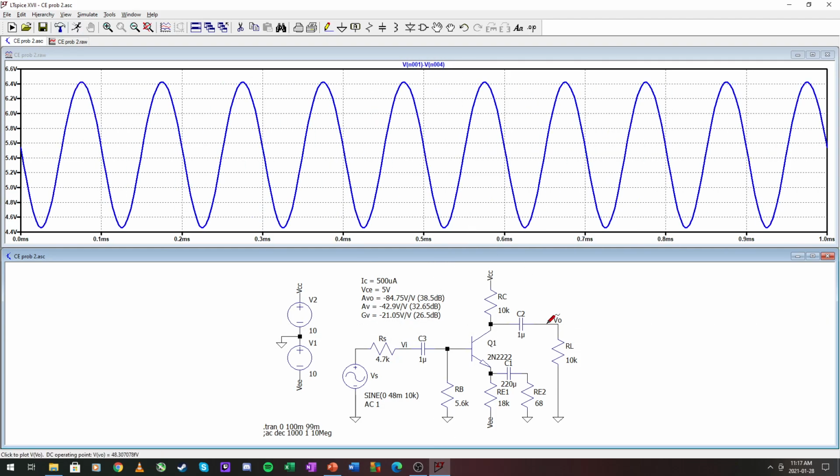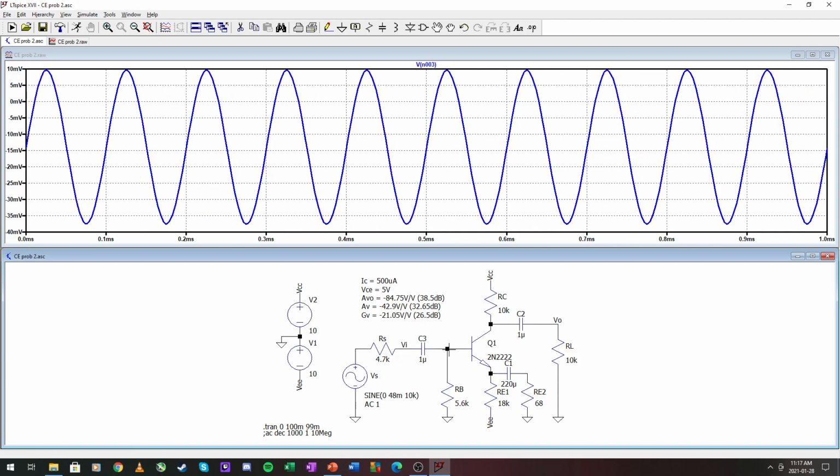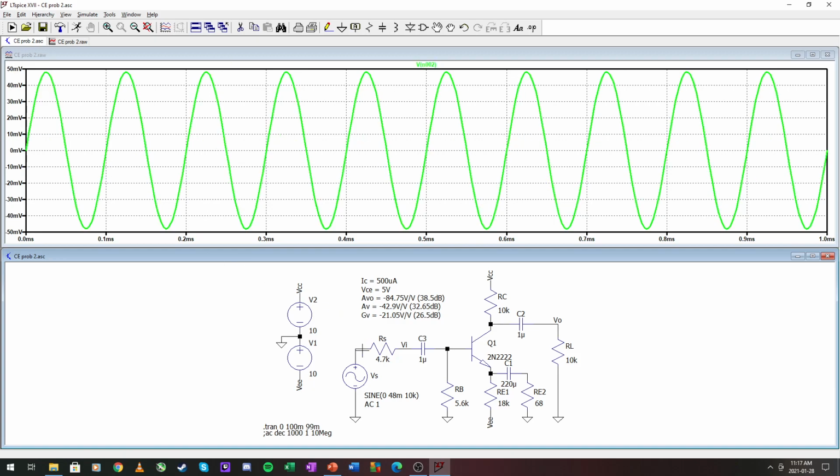Okay, let's check the AC. So here is our output. No distortions, again using the maximum allowable input, which you can calculate from a different video. Our input going in here is 10 millivolts, and here is about 50.